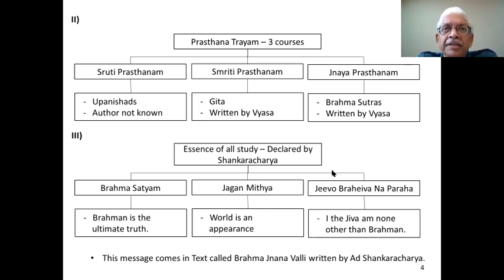Among all the scriptures, what happens in Upanishads is they will just describe that this is Brahman. They will describe this is Brahman means they will give the indicators. Some of you have done Upanishads.